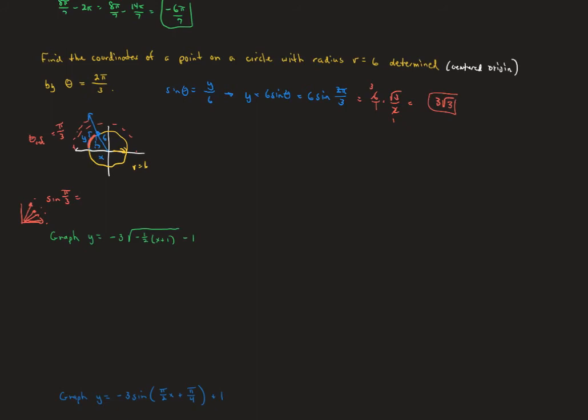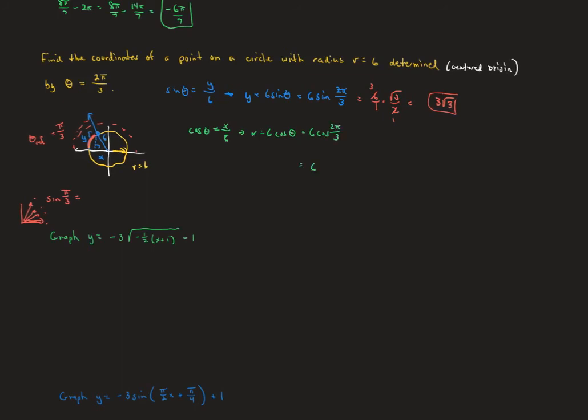And our x-coordinate is going to be, cosine theta is going to be x over r, which is x over 6. So that means x is going to be 6 cosine theta, which is going to be 6 cosine of 2 pi over 3.